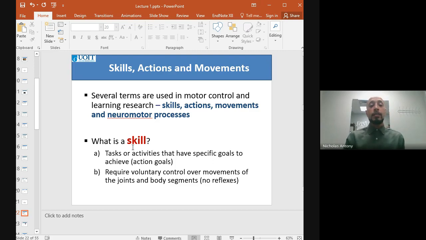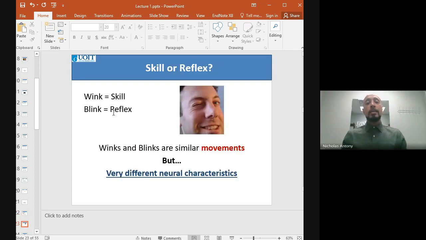So a skill or motor skill, remember, as I said, is a voluntary control of your movement of your body to achieve a particular goal. Whereas if I am just blinking, so let's say I get dust in my eye and I blink, that's one thing, versus if I am crushing on someone and I give them the old, what's up?